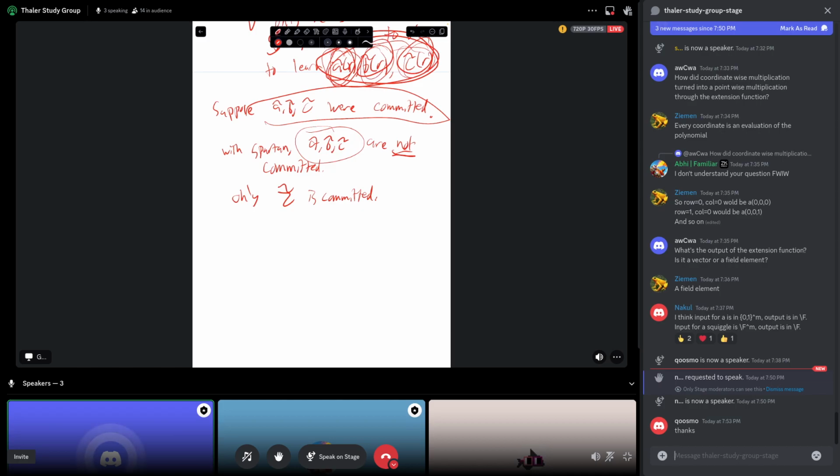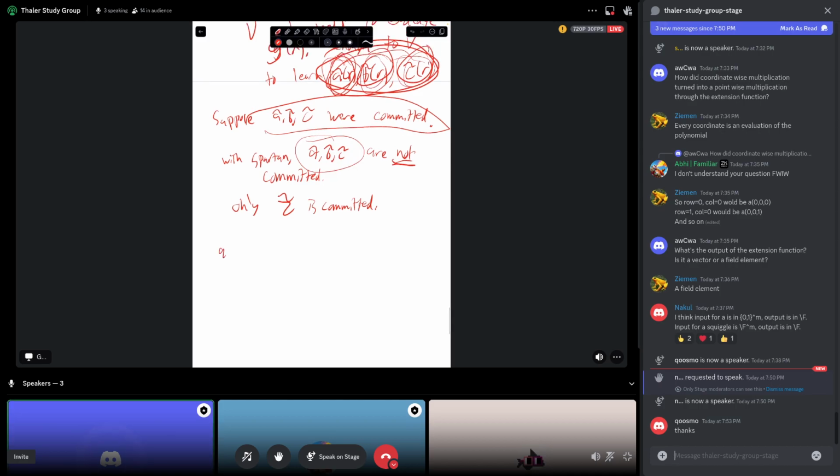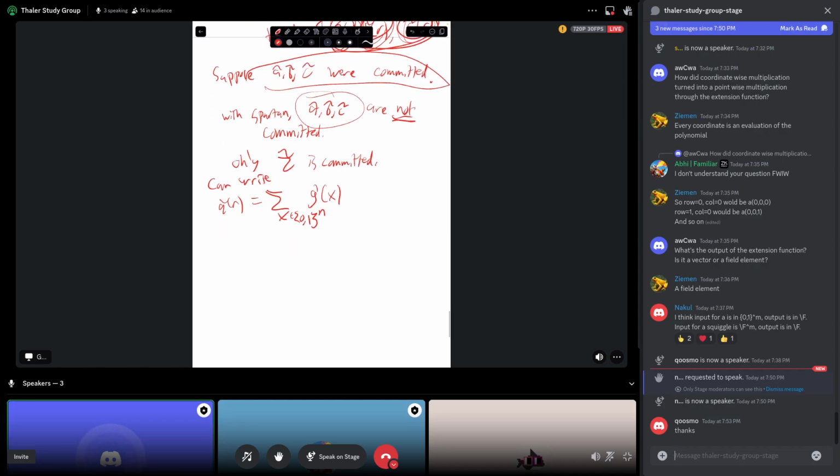I'm going to apply sum check a second time to express a twiddle of r as another instance of sum check. We don't have to get into the details right now. Let me say, coming up with g prime of x, we can write a twiddle of r as some other sum-checkable expression.